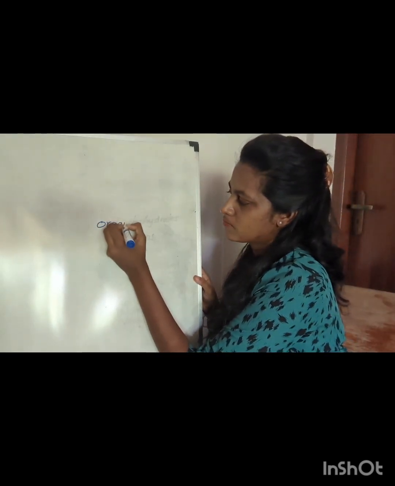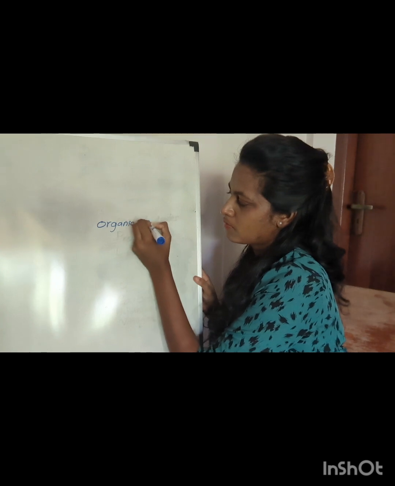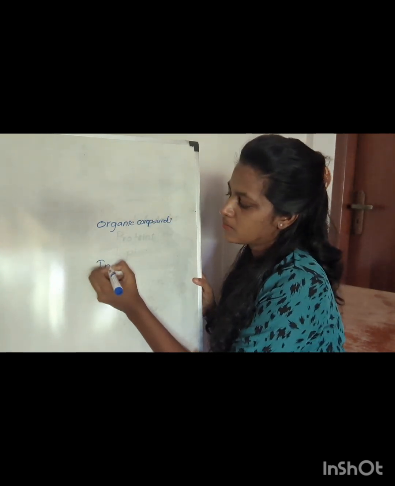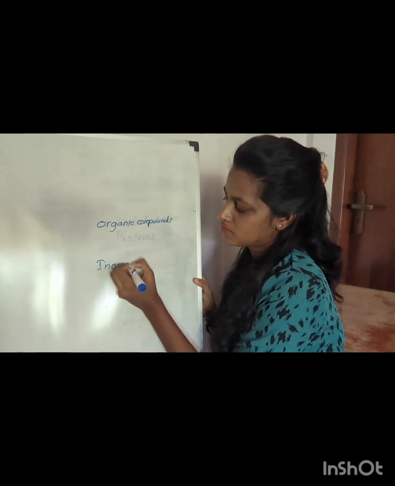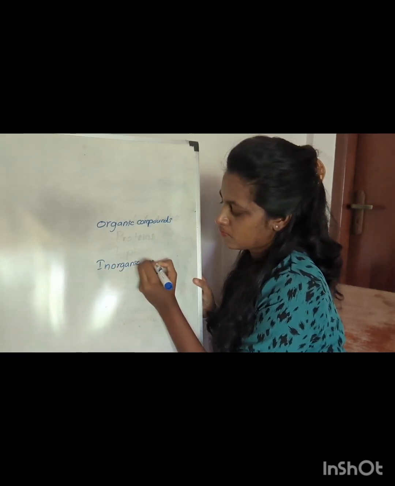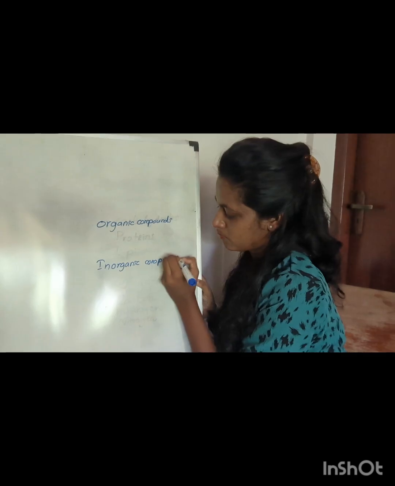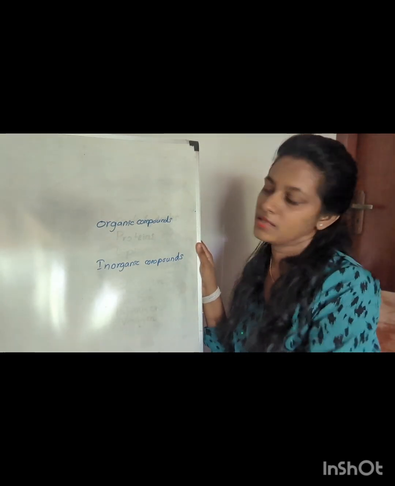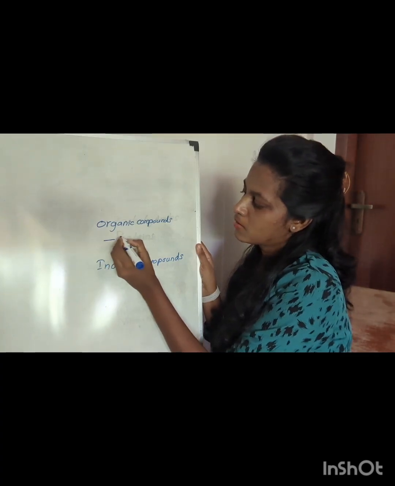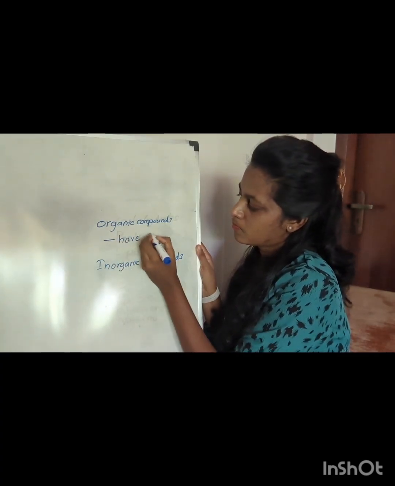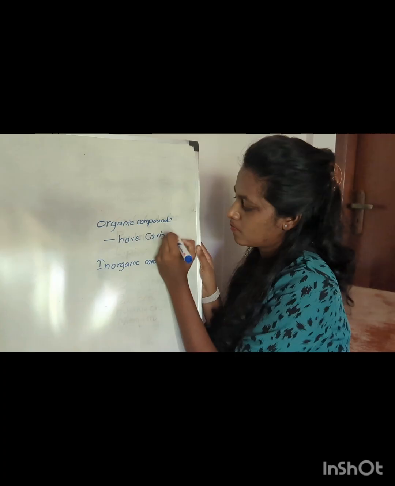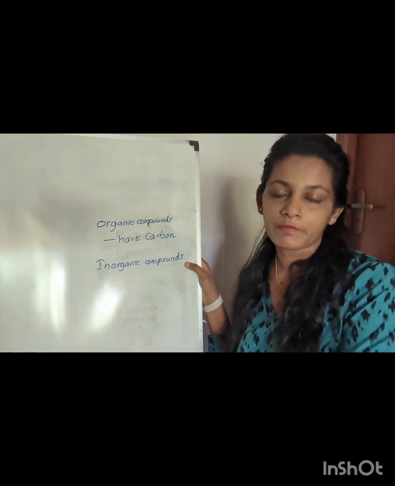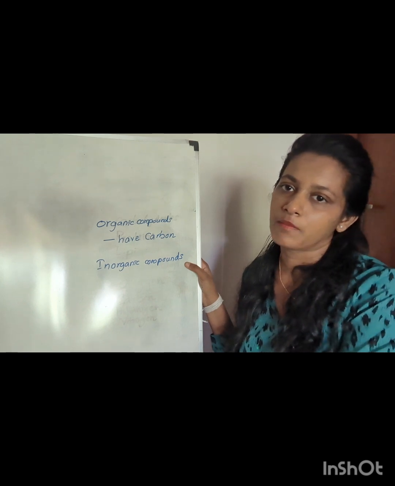Organic compounds are the compounds that have carbon in them, carbon element. Inorganic compounds are the compounds that do not have carbon in them.